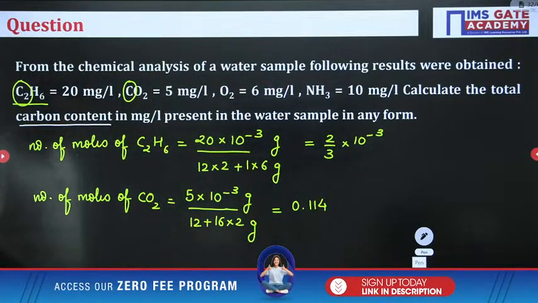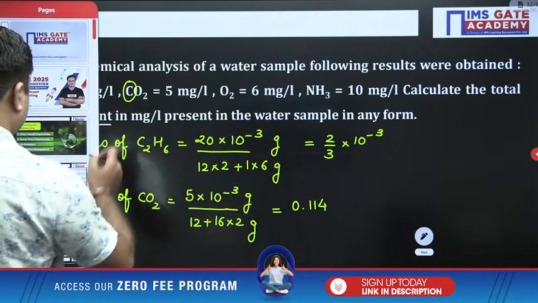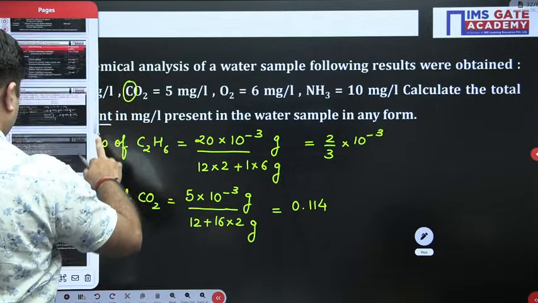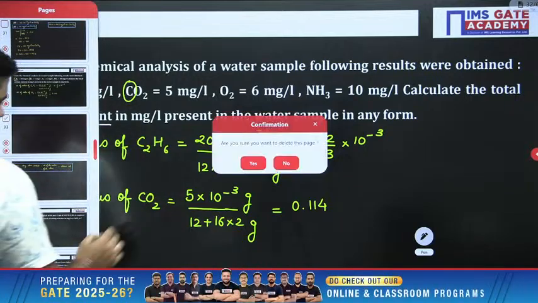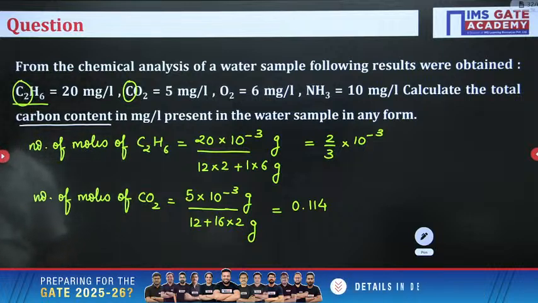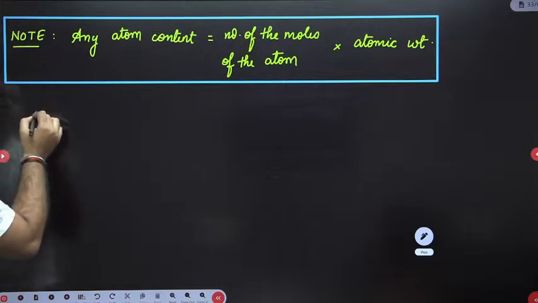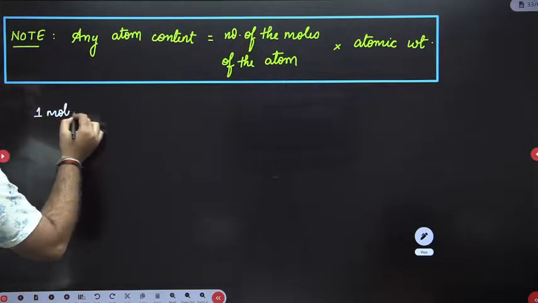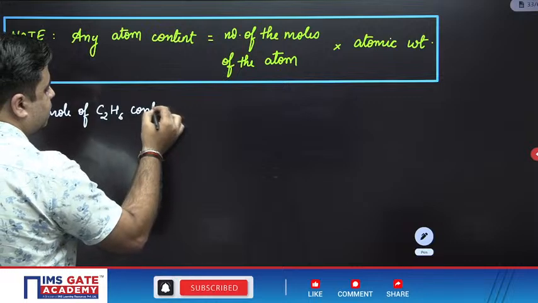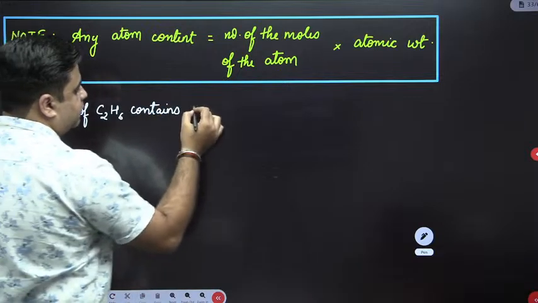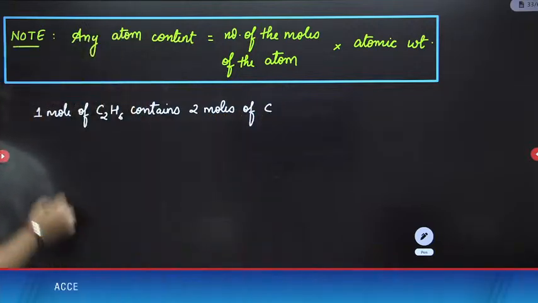So I will write here a statement. 1 mole of C2H6 contains 2 moles of carbon.